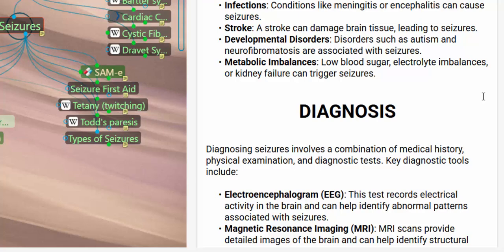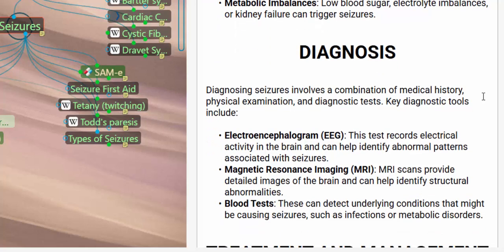A stroke can cause seizures through damaging brain tissue. Some developmental disorders, such as autism and neurofibromatosis, are associated with them. And then metabolic imbalances, for example, low blood sugar, electrolyte imbalances, or kidney failure.